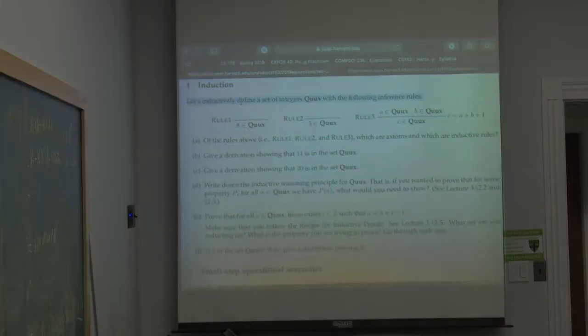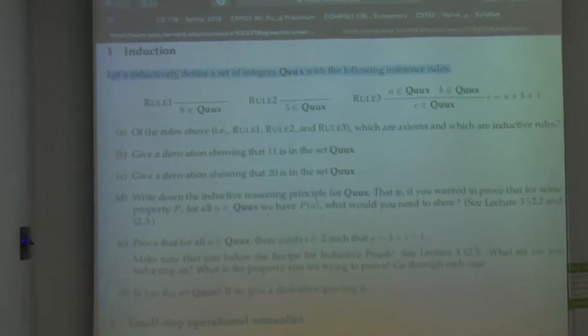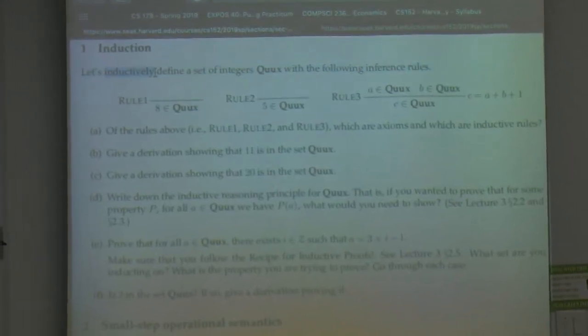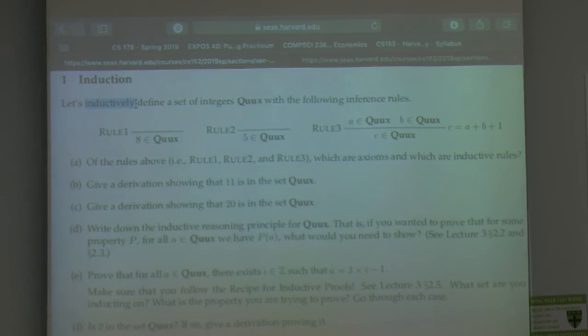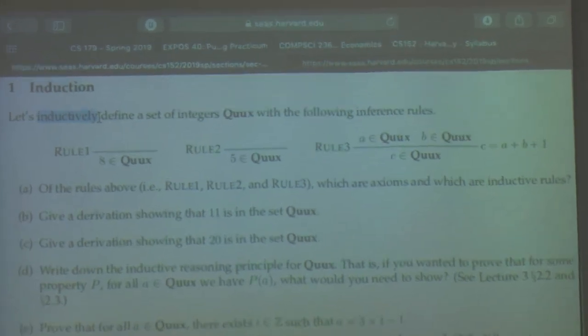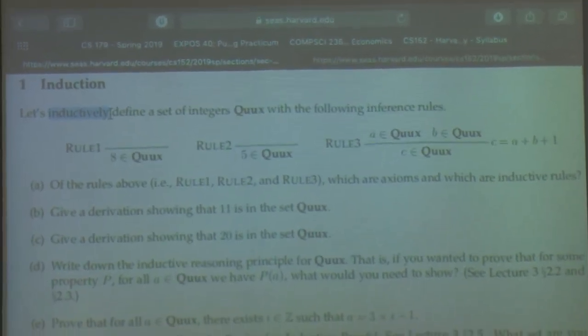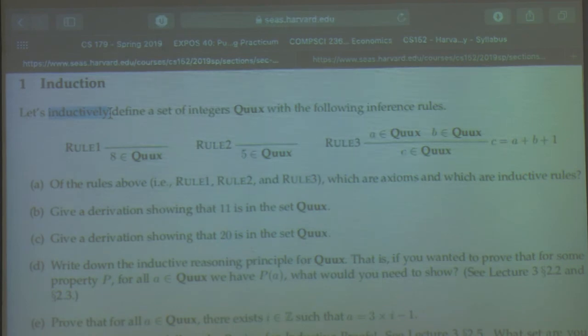So our first question has to do with the subject of induction. So in class we saw axioms and we saw inference rules, and how we can apply these axioms and inference rules together to create new concepts. So for this example, we have three rules total, and in these three rules we have two axioms and one inference rule.